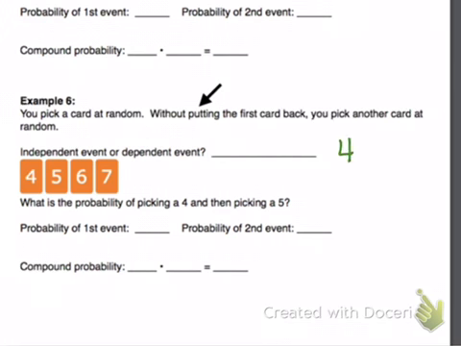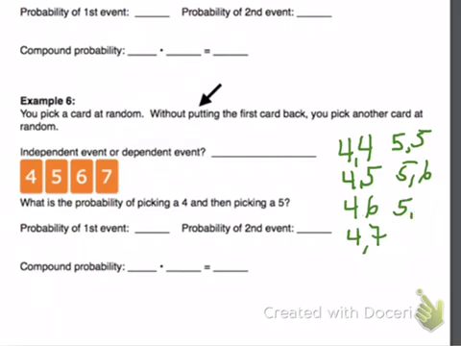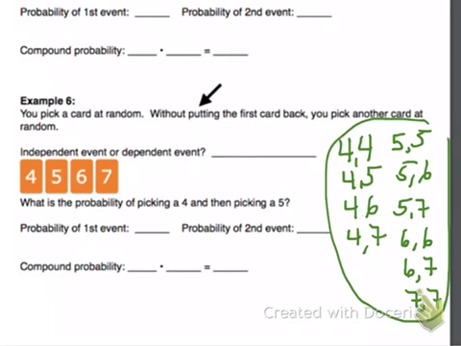You could get a 4, 4, 4, 5, 4, 6, 4, 7, 5, 5, 5, 6, 5, 7, 6, 6, 6, 7, and a 7, 7. Okay, so there's 1, 2, 3, 4, 5, 6, 7, 8, 9, 10. The total number of possible outcomes is called a sample space.